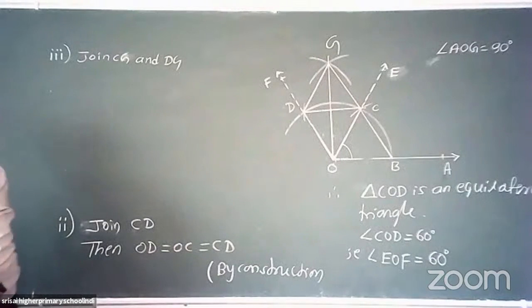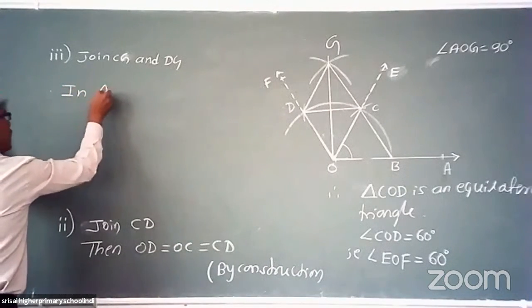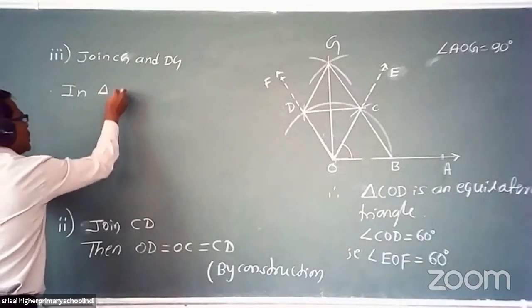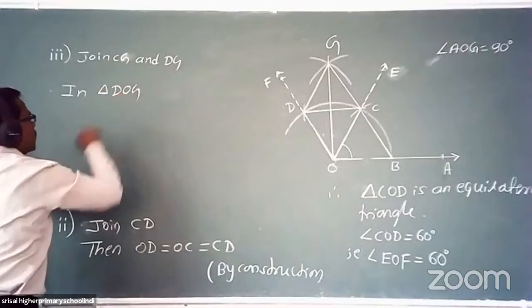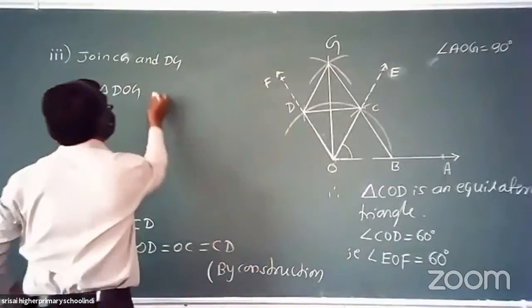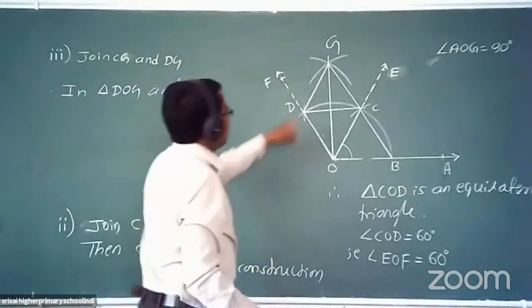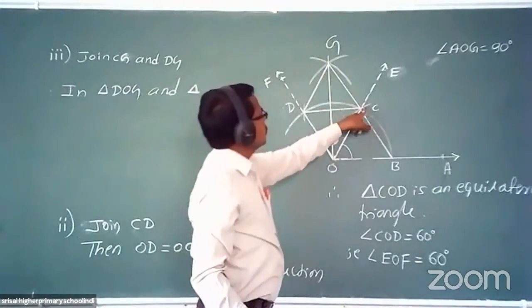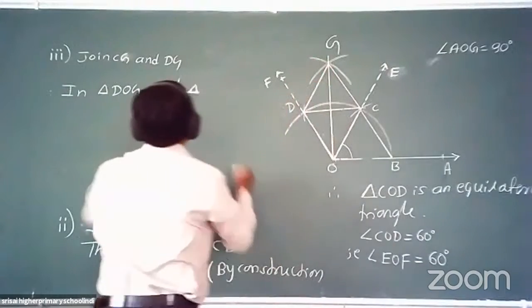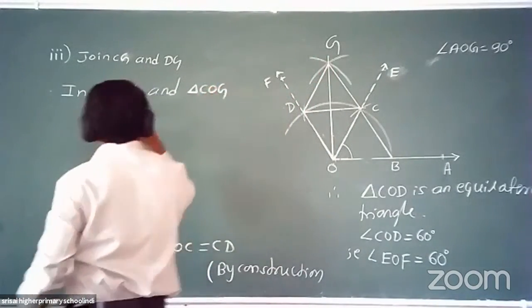Then in triangle DOG and COG, which are equal parts?